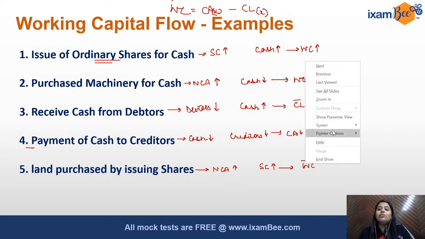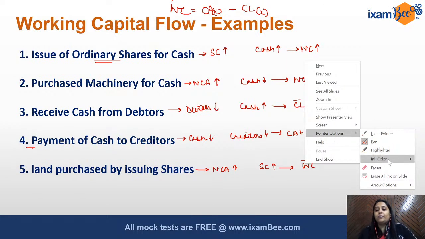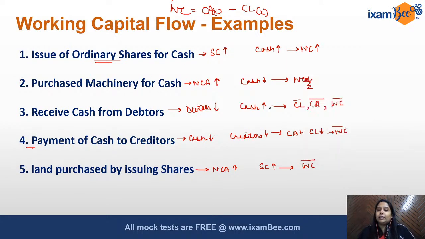Now, having analyzed these transactions, let's see in detail what we can conclude. When we issued ordinary shares for cash, cash is a current asset, whereas ordinary shares are a long-term item, right?